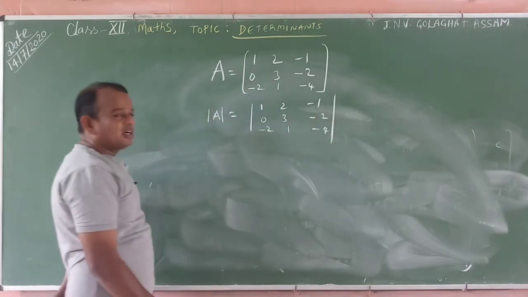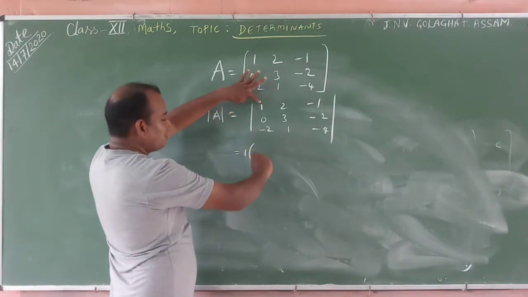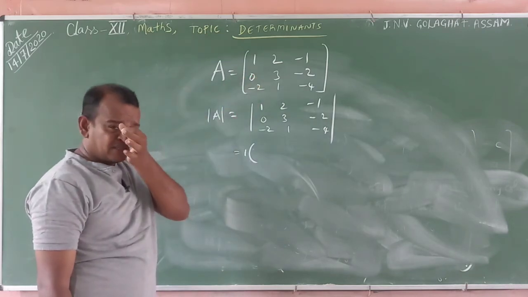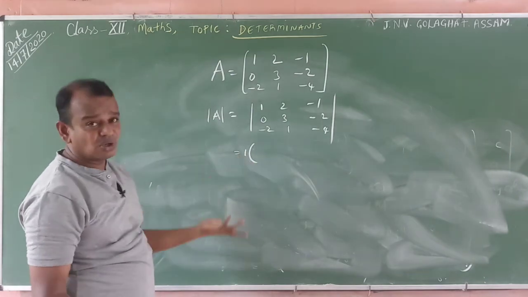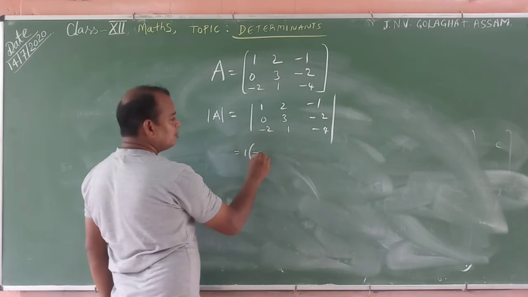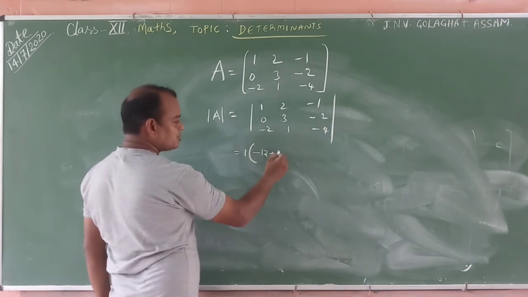First element into corresponding cofactor. First element is 1. Now write the cofactor. Cofactor means the minor multiplied with minus 1 power i plus j. In this one the sign is positive, no doubt at all. Now 3 into minus 4, minus 12. In the formula, minus 2 into 1, minus 2, means plus 2.